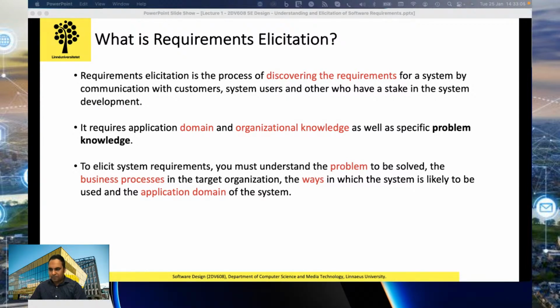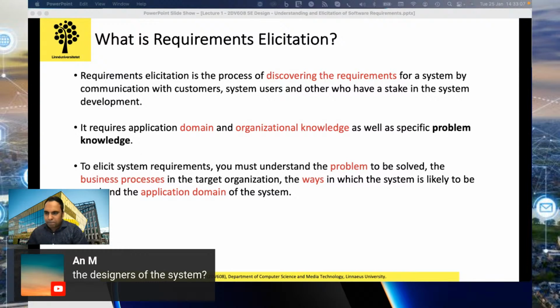Another, someone mentioned the designer of the system. Designers have different roles, of course, to design rather than playing with the requirements. So they are more in between the requirements analysis and the development.